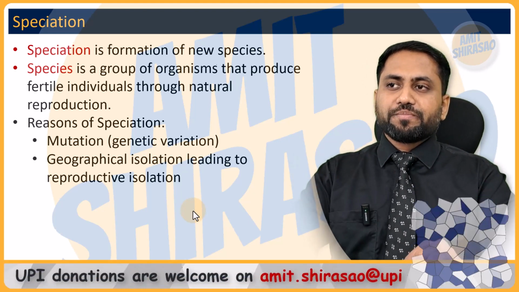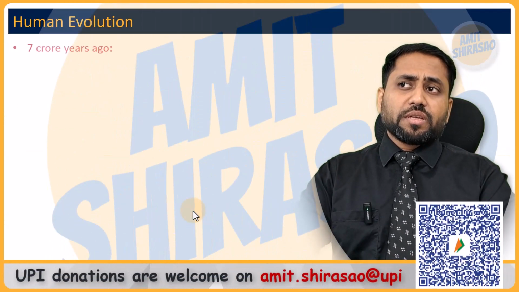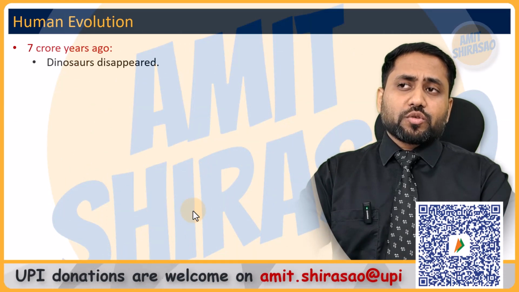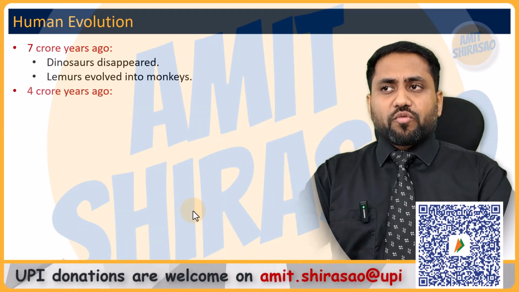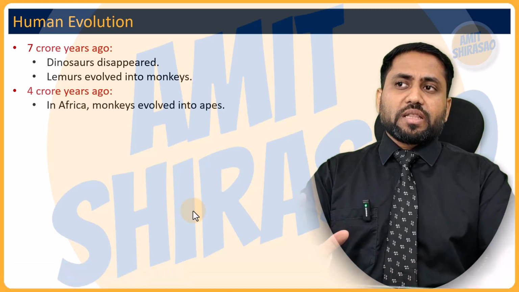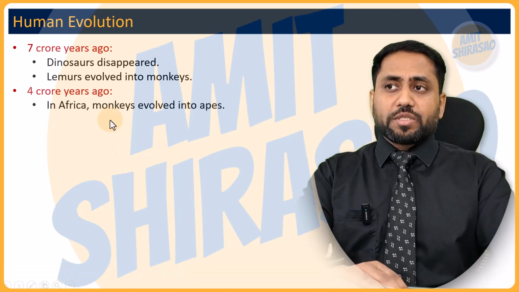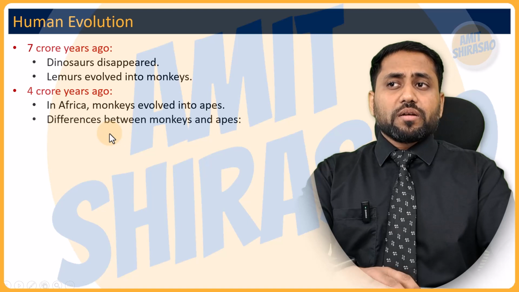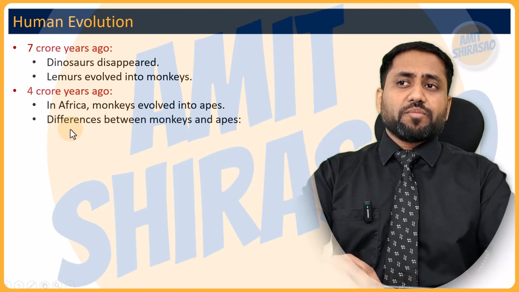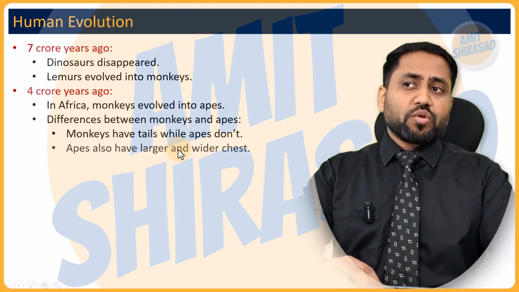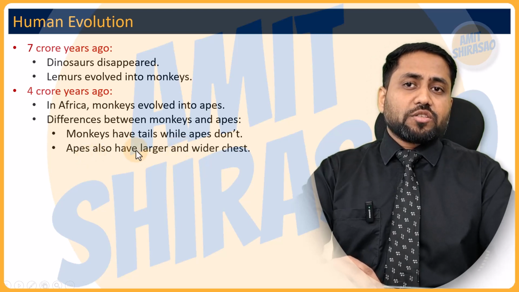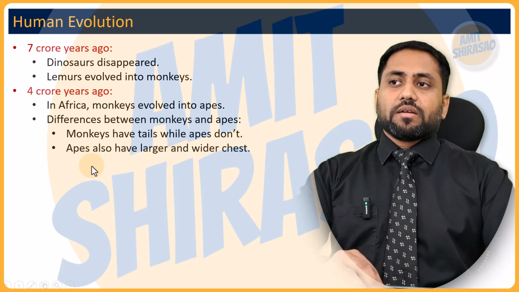Species will get formed. Human evolution. 7 crore years ago, dinosaurs disappeared. Lemurs evolved into monkeys. 4 crore years ago, in Africa, monkeys evolved into apes. Differences between monkeys and apes: monkeys have tails, apes don't. Apes have larger and wider chests.